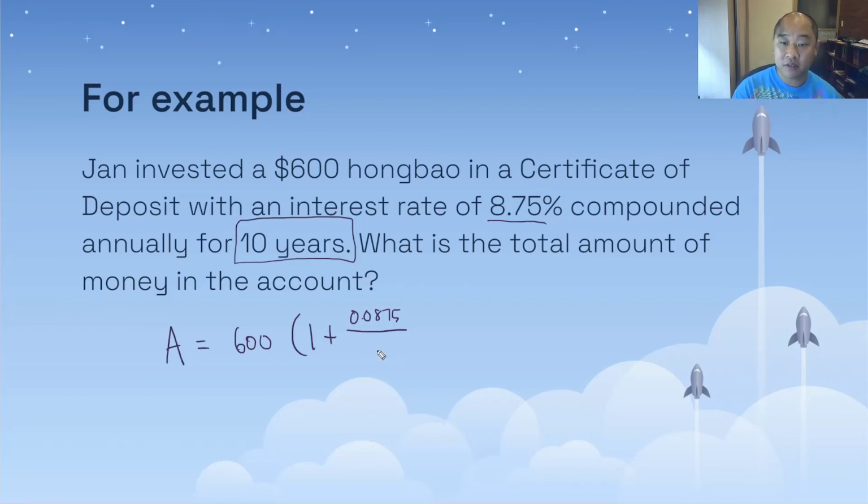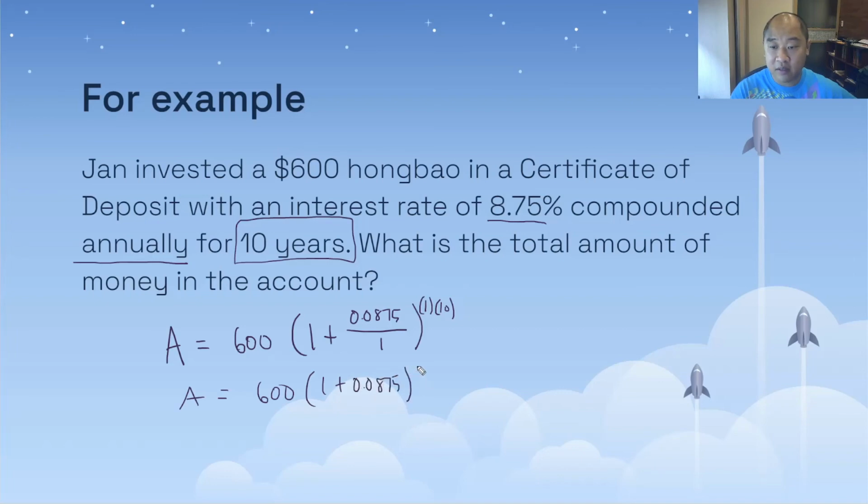It's compounded annually, which means once a year. So it's 1 over 1 times the number of years, which is 10. So this is 600 times 1 plus 0.0875 over 1, which is the same as that number, to the 10. 1 times 10 is 10.